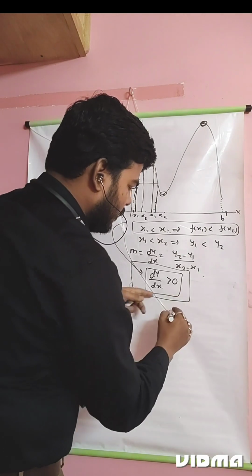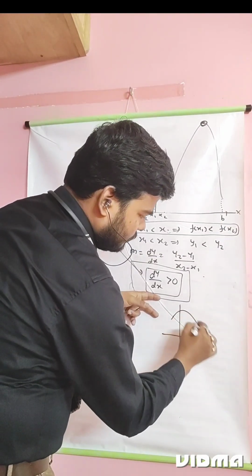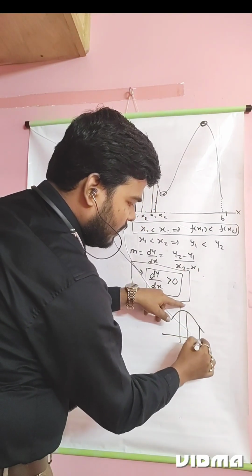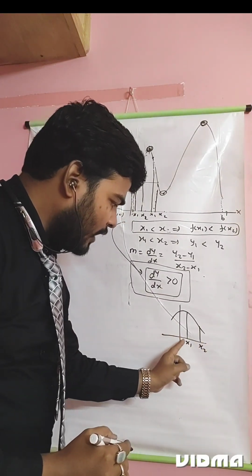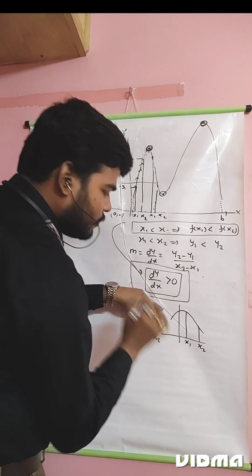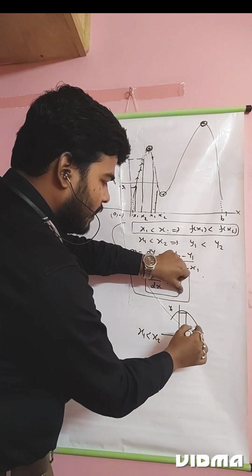Here, for another curve, suppose that this is the curve. These are the values of x. This is x1 and this is x2. We can say that the value of x is increasing from x1 to x2, so x1 is less than x2, and their corresponding values on the y-axis are y1 and y2.